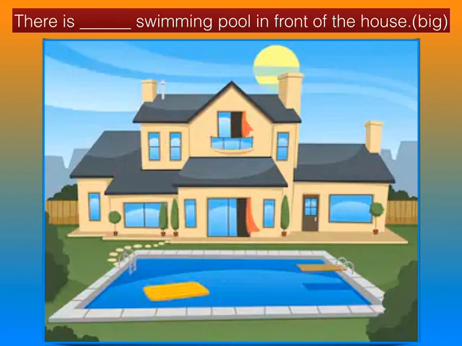Well, we have to use the positive degree of adjective because the swimming pool over here is not compared to any other swimming pool, and so when there is no comparison we have to use the base form of adjective, that is positive degree, and so the answer would be big only. There is a big swimming pool in the front of the house.